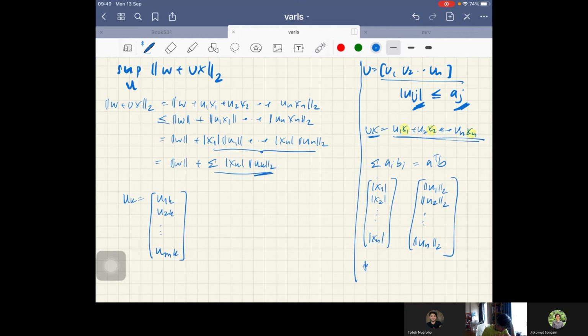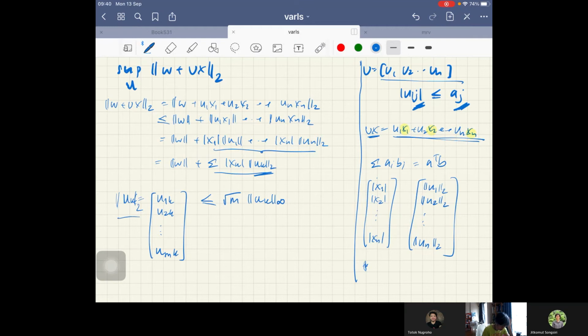When I compute the two norm, it is going to be bounded by root m times the infinity norm of the vector uk.